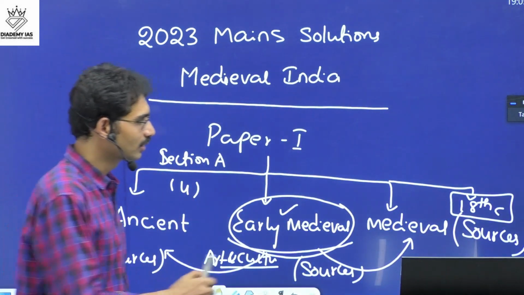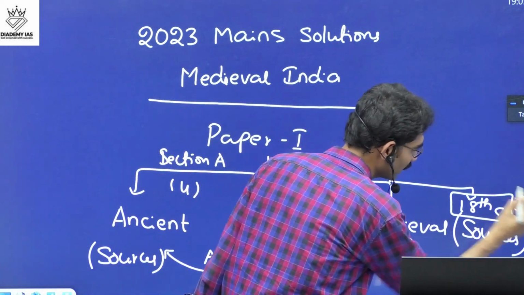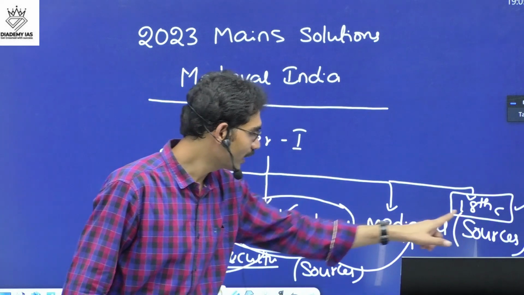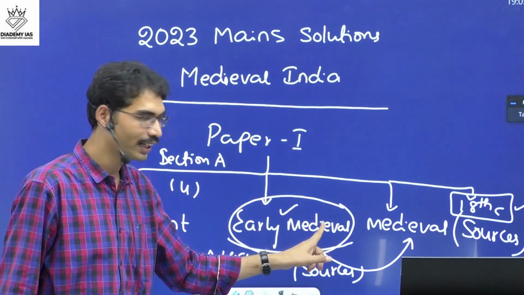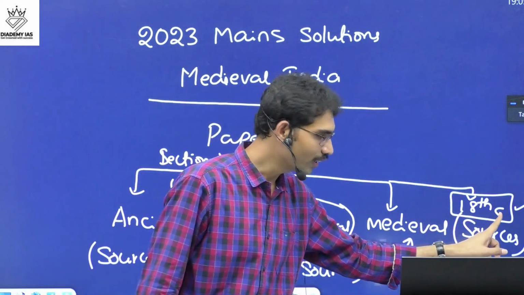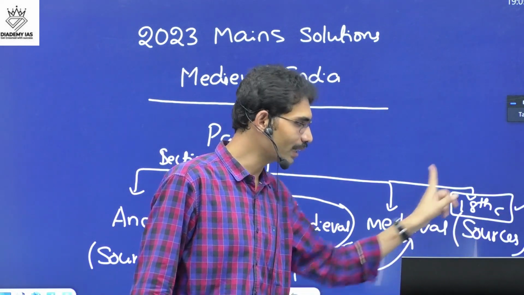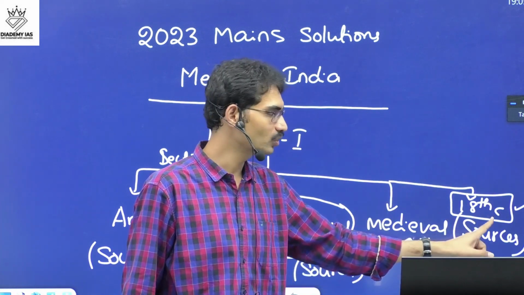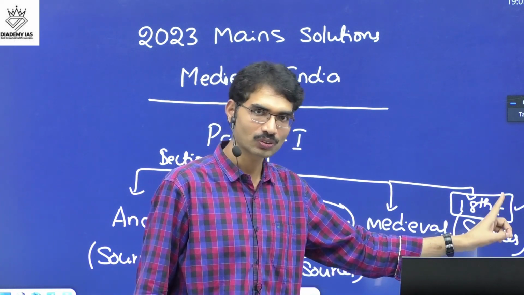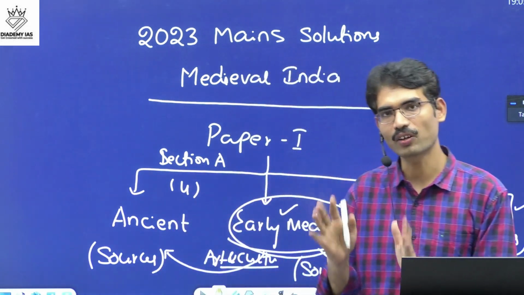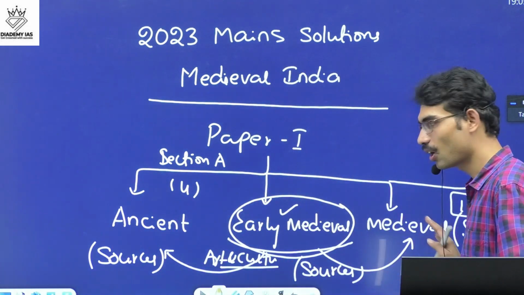And this year, many questions related to the 18th century came. So this transition period, between ancient and medieval, early medieval, is one area where you have to focus. And another one is between the medieval and modern time periods; the 18th century is the transition one, and you have to focus there. Because questions are framed in such a way that you have to write from all the parts.